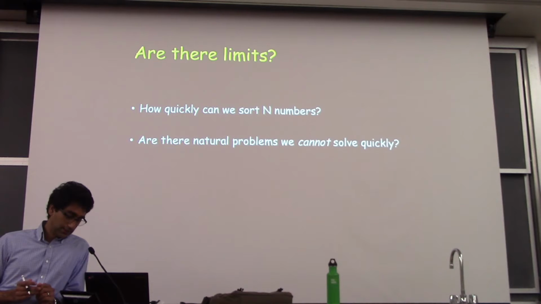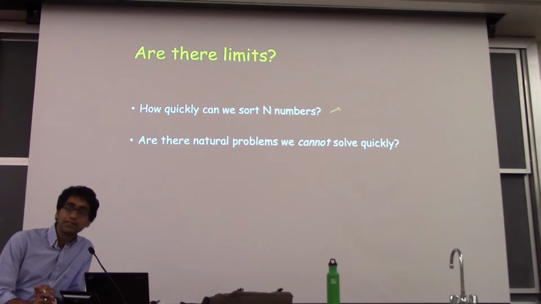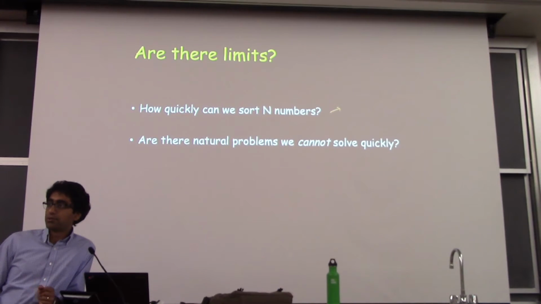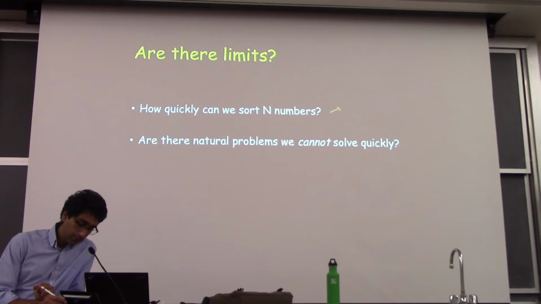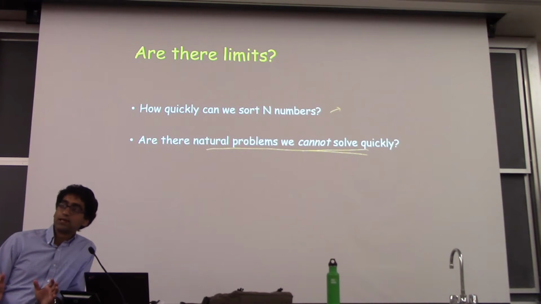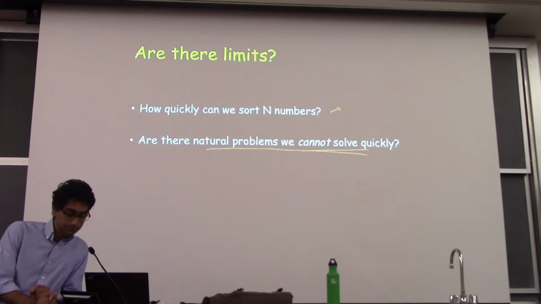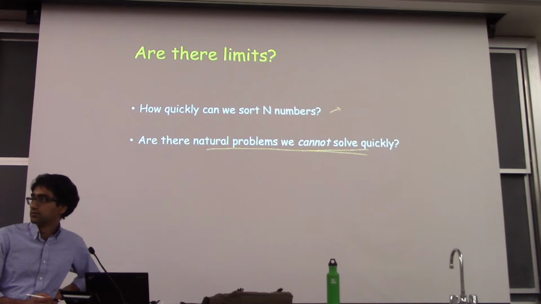This is one of the few examples where we can actually show that some algorithm we know is optimal, under some assumptions. We'll also study the question of whether there are natural problems for which there's no really efficient algorithm. I'll mention what that means in a bit.